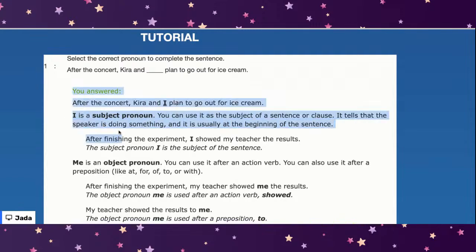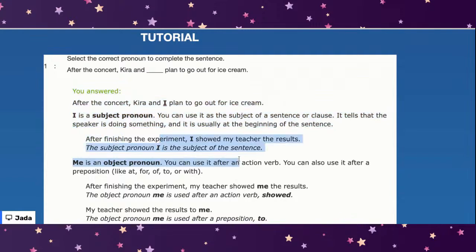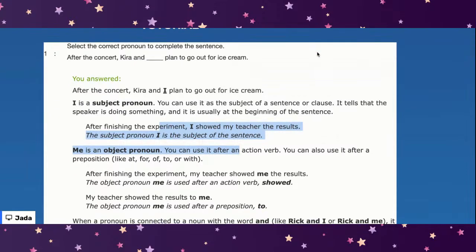So I is used for a lot of things. After finishing the experiment, I showed my teacher the answer. The subject pronoun I is the subject of the sentence.